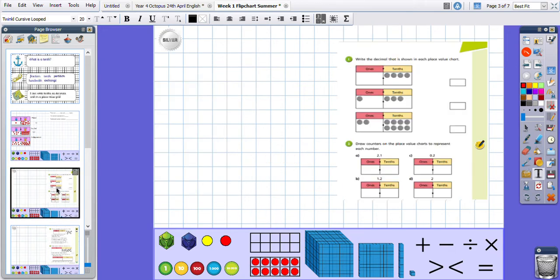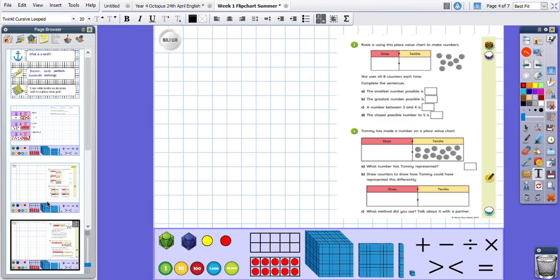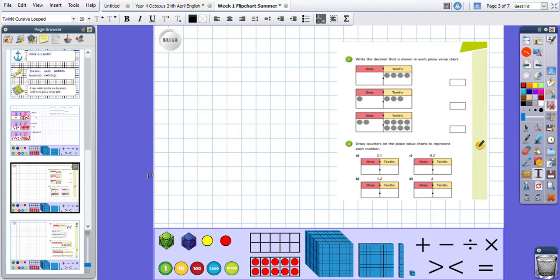Okay, your tasks today then. For silver, you are going to be answering questions 1, 2, 3 and 4. Question 1, you are telling me what the decimal represents in the place value grid. Question 2, you are drawing the counters to represent decimals.